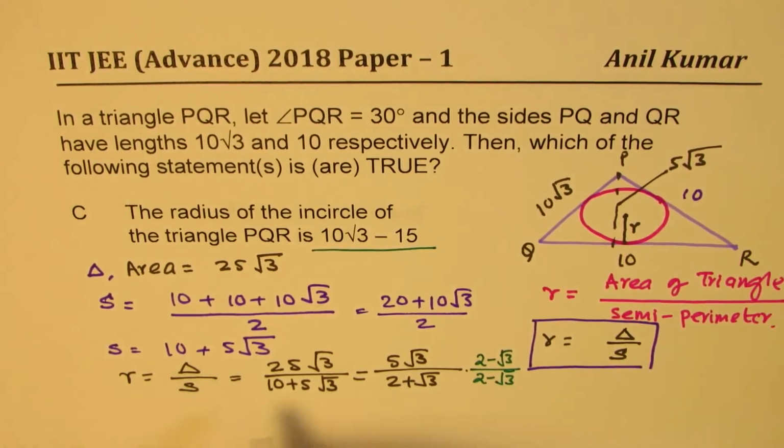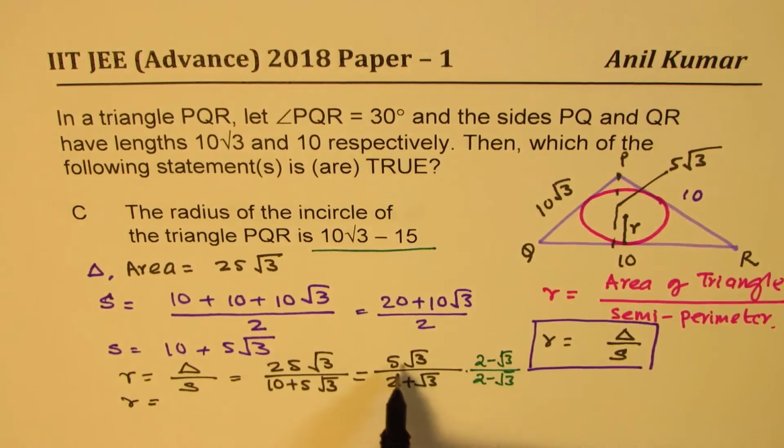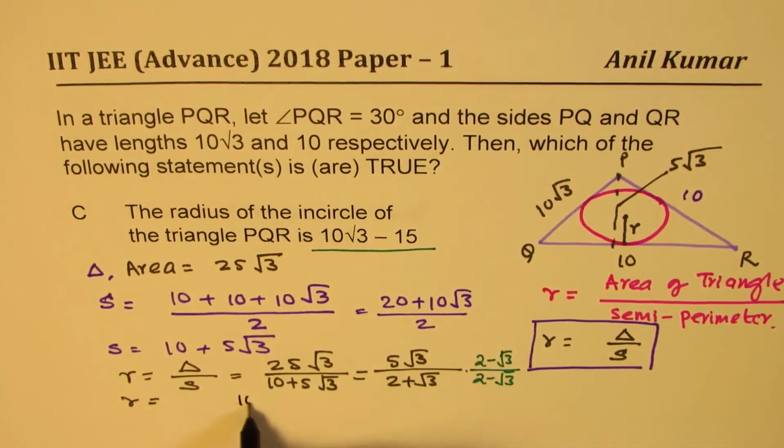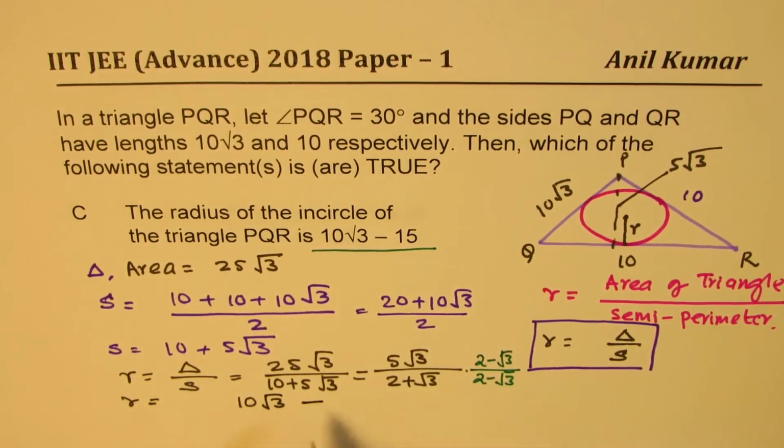So let's see what do we get now. So what we get here is R equals to, when you multiply, you get 5 times 2, 10 square root 3 minus 5 times 3, 15. Okay. And the denominator will be a square minus b square, which is 4 minus 3, which is 1.